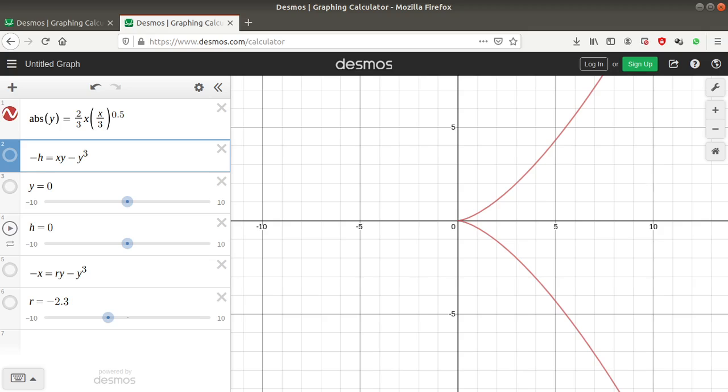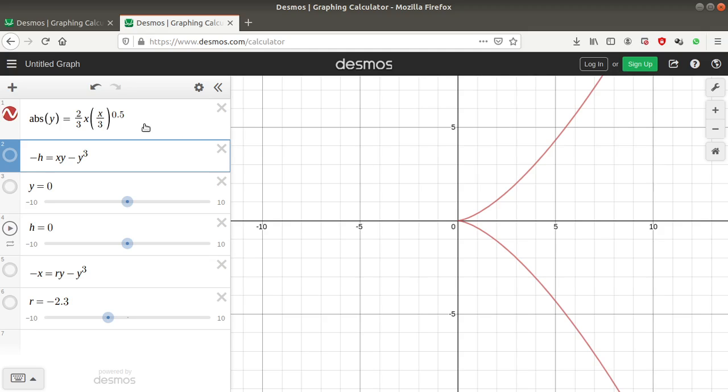Now let's do a bifurcation diagram for this system. In a bifurcation diagram we plot the fixed points versus a parameter, but right now we have two parameters. So what we are going to do is fix one parameter and plot it against the other parameter.